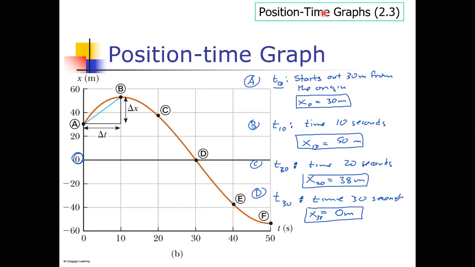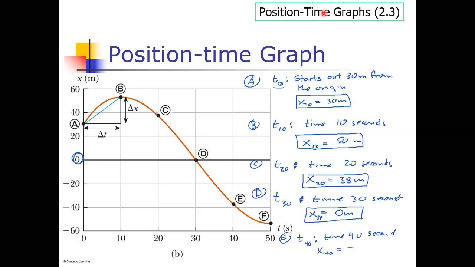So at position E here, 40 seconds have elapsed. The time now is 40 seconds from the time we started way over here. At this point, at time equals 40, he is at a position of negative 38 meters.